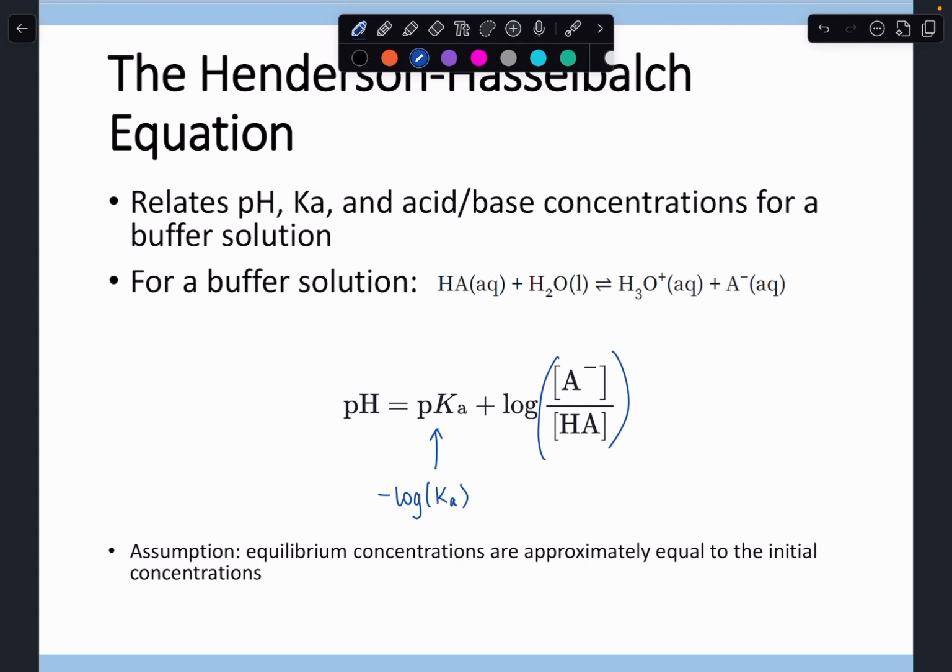We can use this under the assumption that we just talked about: equilibrium concentrations are approximately equal to the initial concentrations.